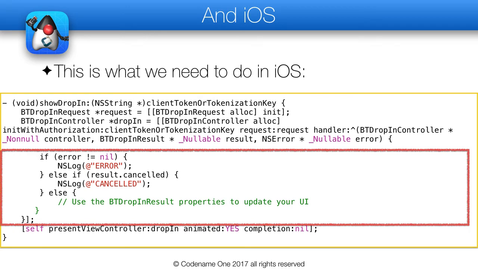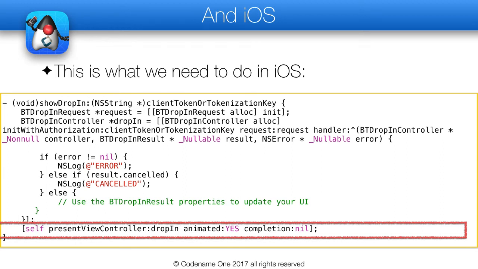The lambda expression itself checks if the arguments represent an error, cancellation, or success. This code should be pretty familiar to Java programmers. The one weird thing is that Objective-C strings start with the @ character, which I won't go into here.